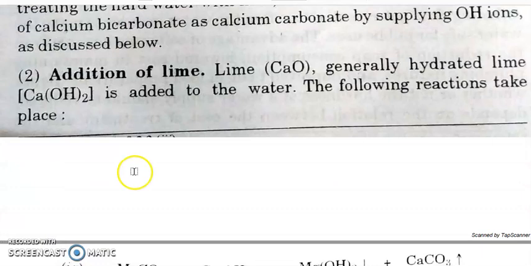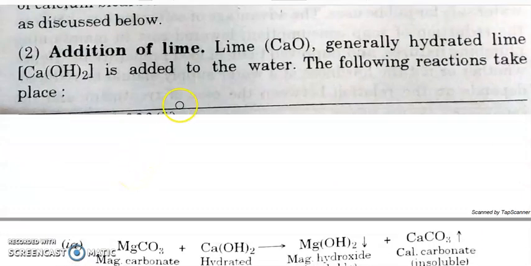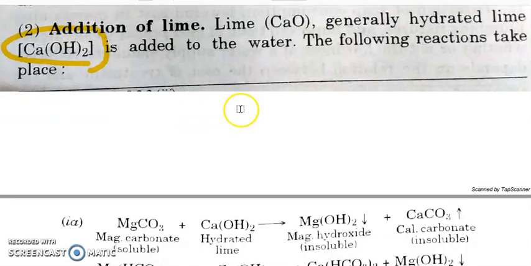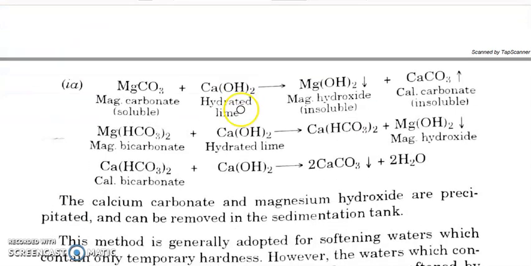Now addition of lime is another method of removing the temporary hardness. Calcium oxide or lime, which is generally added in the form of hydrated lime, that is calcium hydroxide, is added in the water, and again you have to write the chemical equations. These are all purely chemical methods, based on the chemical reaction between the salt which you are adding in the water and the hardness causing salts in the water.